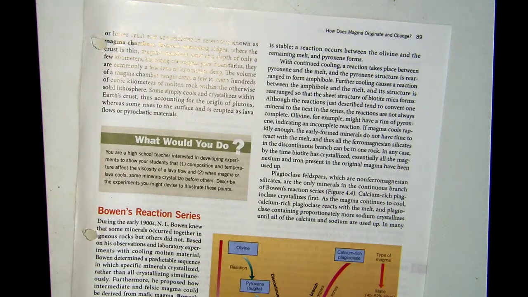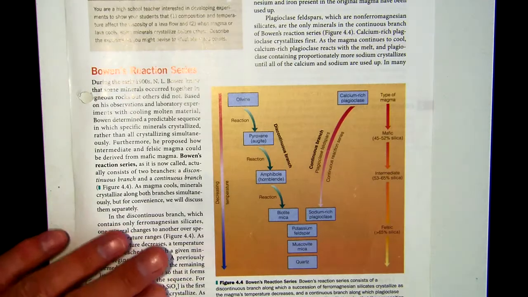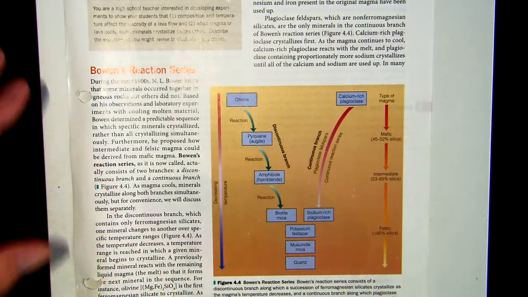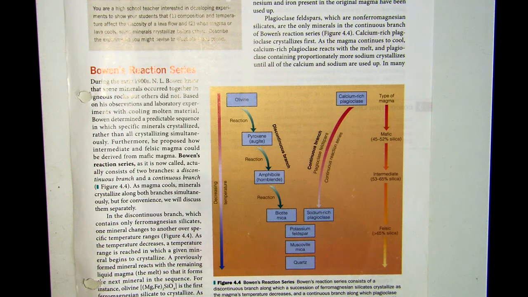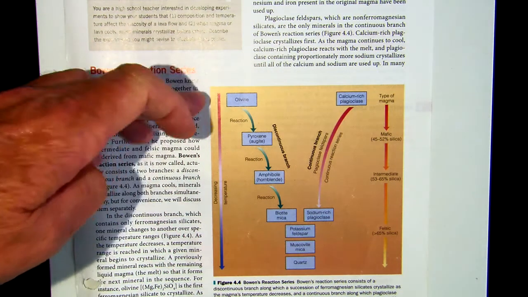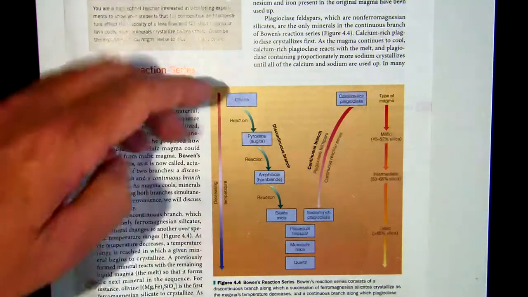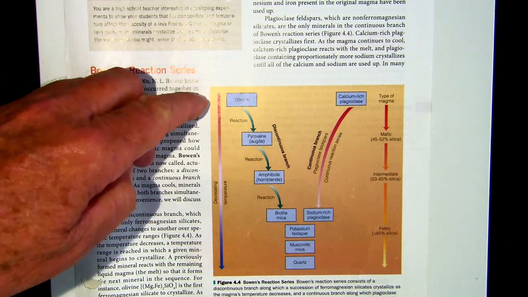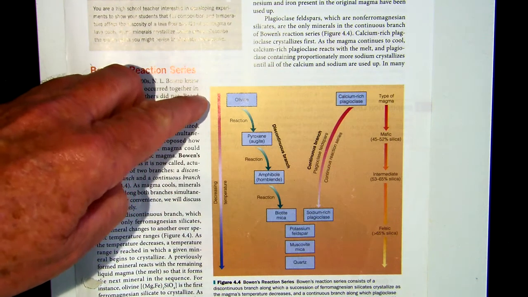We could break minerals into two main groups. One are rock-forming minerals and everything else. If we have a magma chamber starting to cool down, we'll start to get some minerals that will solidify and fall out.